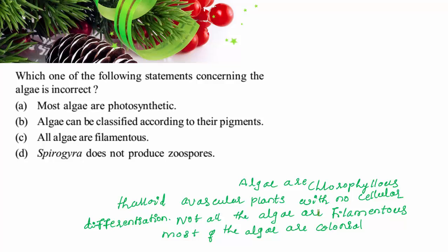And Spirogyra does not produce zoospores. Only one statement is incorrect here. It is option C, because all algae are filamentous. Some algae are filamentous, but not all algae are filamentous. Most of the algae are in the form of colonies. They are mostly available in colonial forms. So statement C is wrong.